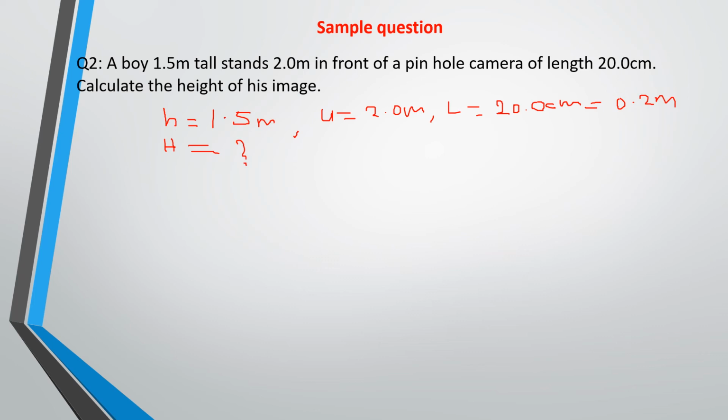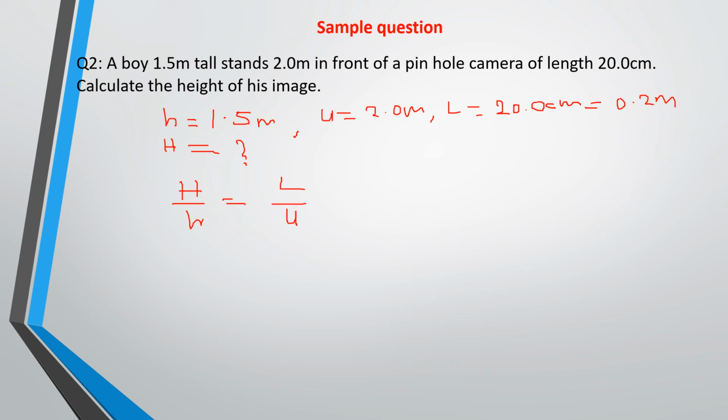From our formula, image height over object height is equal to length of camera over object distance.